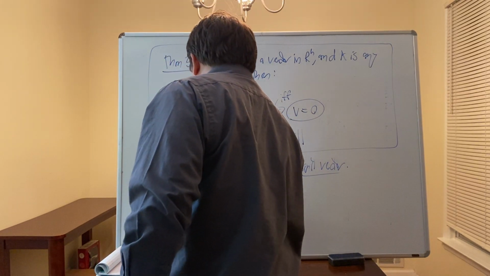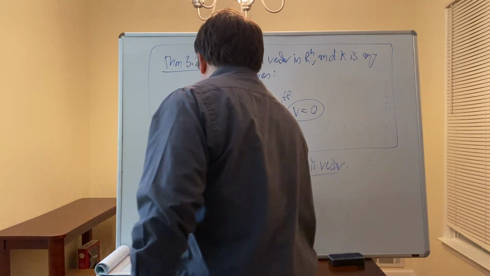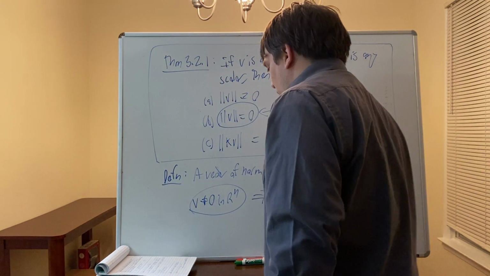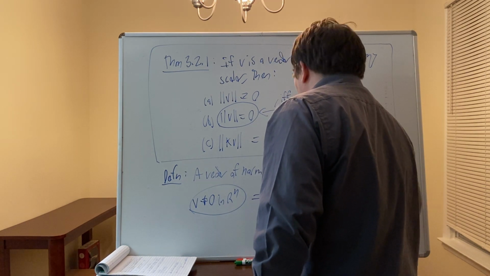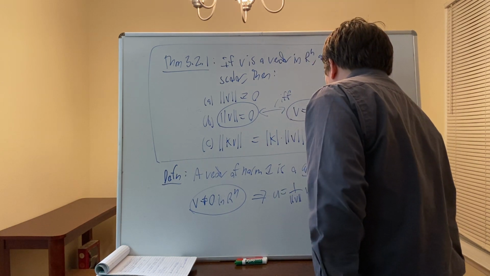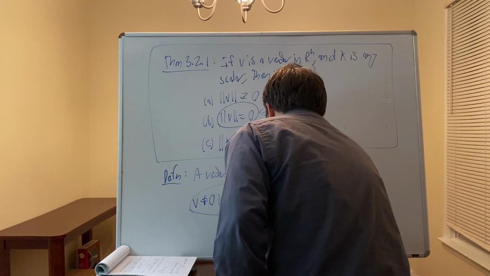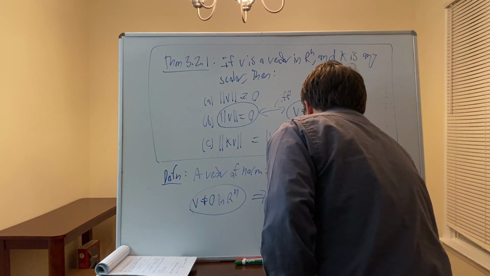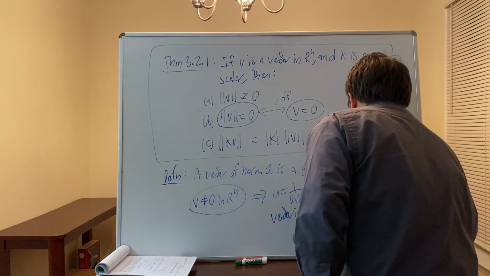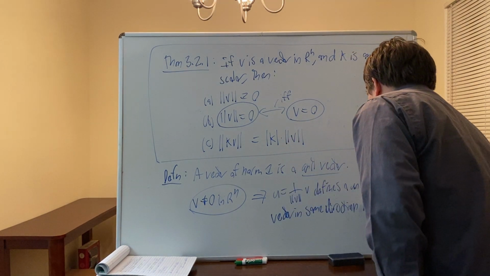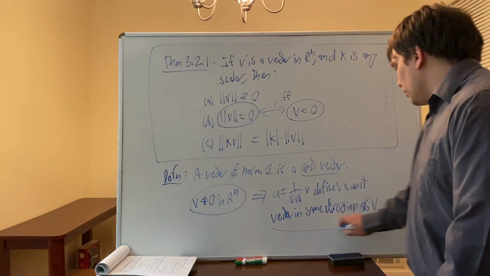Also, if you have a non-zero vector v in n space, then that implies that the vector u equals 1 over the norm of v times v defines a unit vector in the same direction as v.